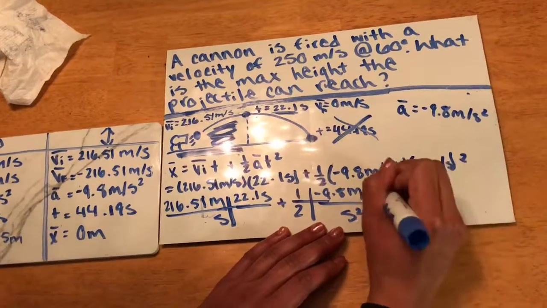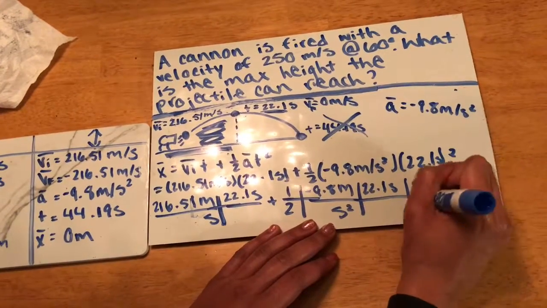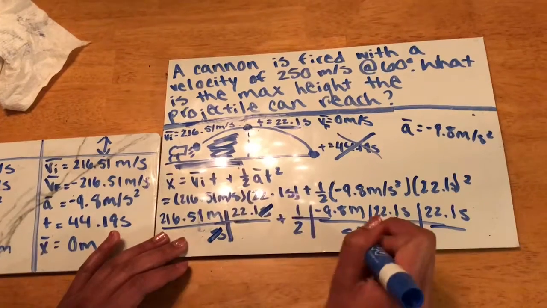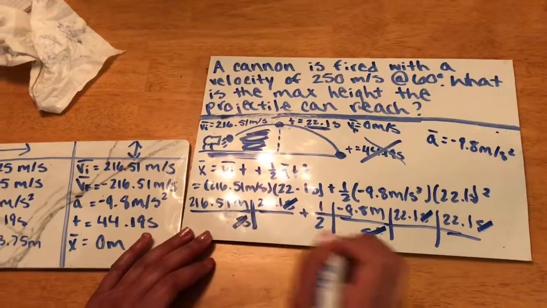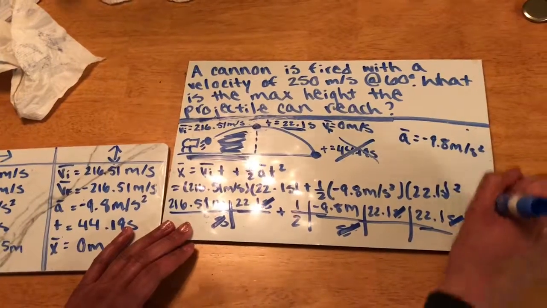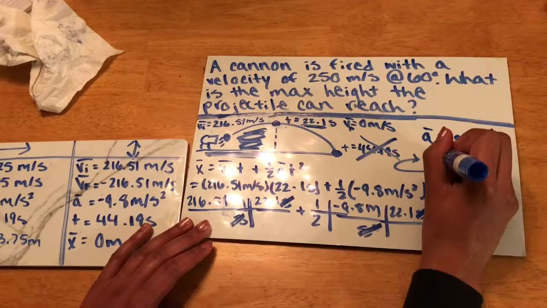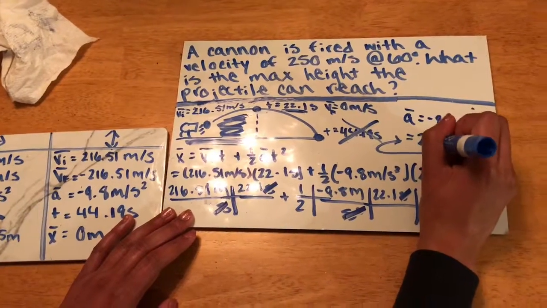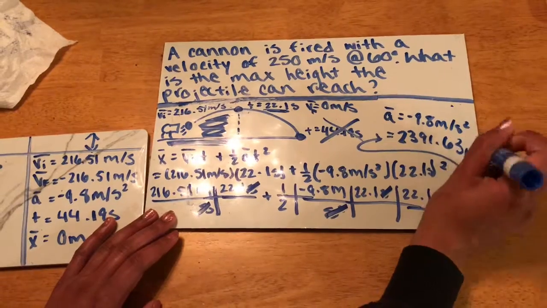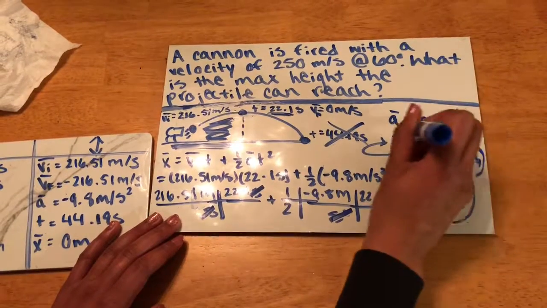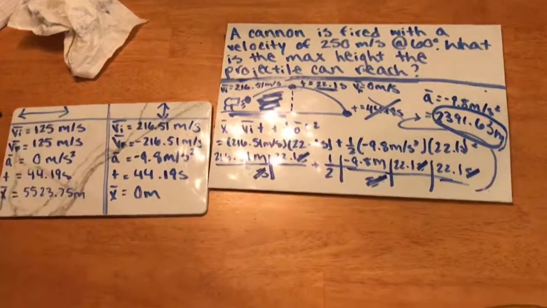And once again, we'll write the time twice, 22.1 seconds, 22.1 seconds. Our seconds cancel here. Our seconds cancel here. And after putting this all into the calculator, our final answer equals 2,391.63 meters. And that is your final answer for the maximum height the projectile can reach.